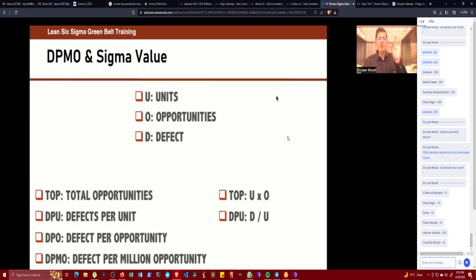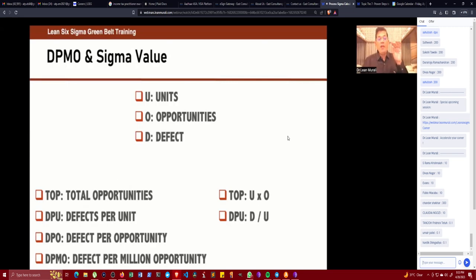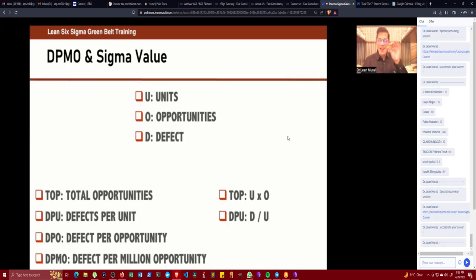I have 100 units of this and I have 10 defects. So what is the defect per unit? 10 defects, 100 units, 10 divided by 100, okay? I'll give you an example, don't worry. Now I'm asking you to calculate yourself, but then I'll give you an example so that it becomes very easy.